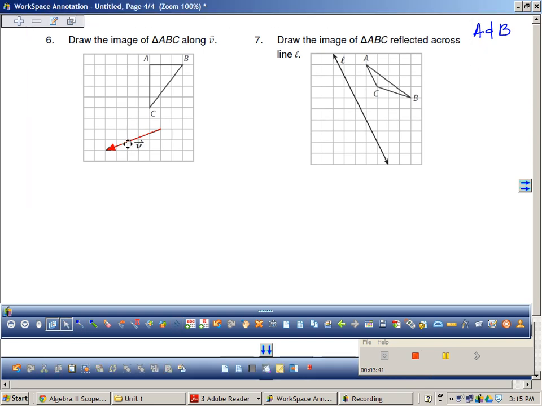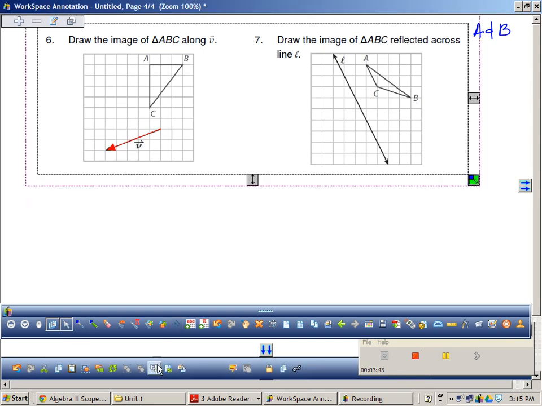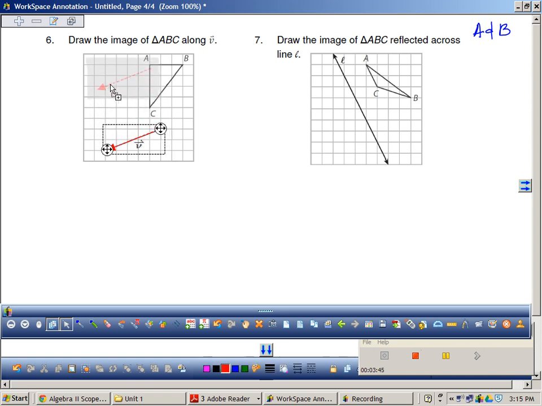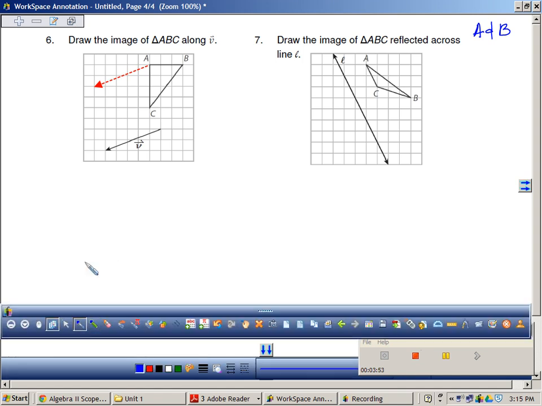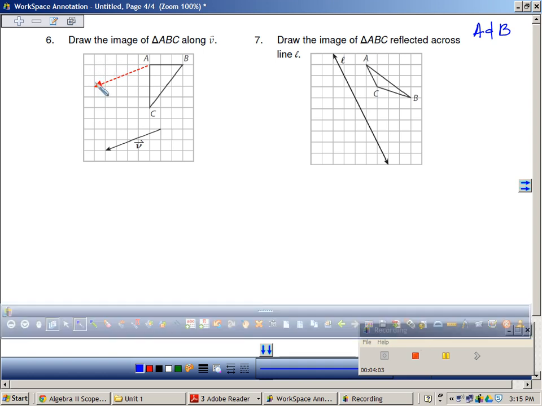You have to take each one of your vertices and map it down that vector. This is where patty paper could come in useful. So I need to go over 1, 2, 3, 4, 5, and down 2.